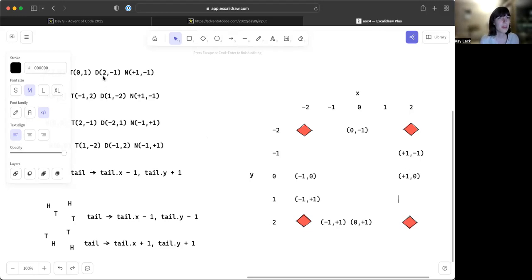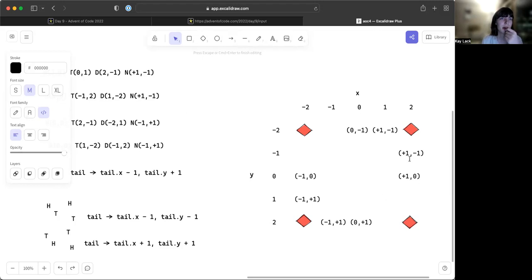2, 2 -1, 1, one on the X, -2. It should be here. 1 on the X, -2 on the Y. It should be here.